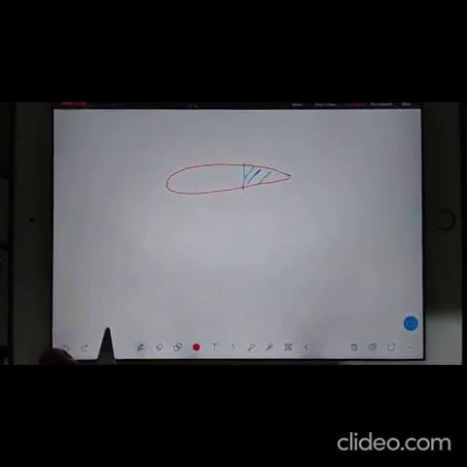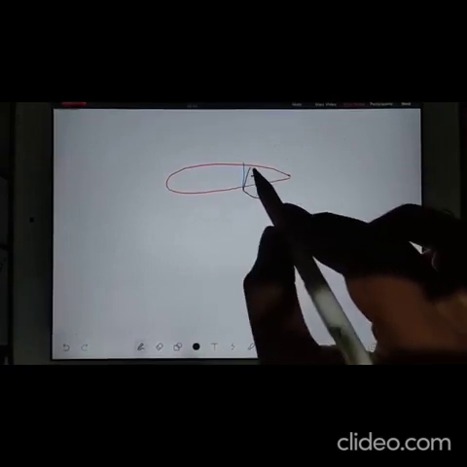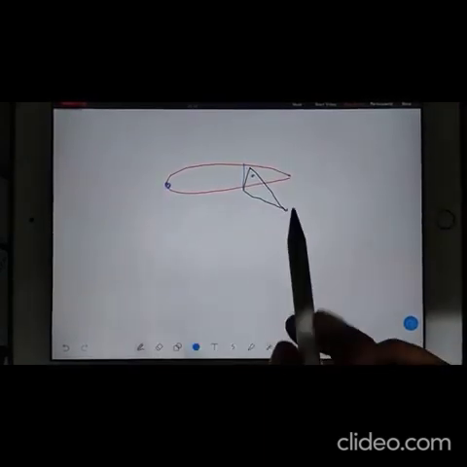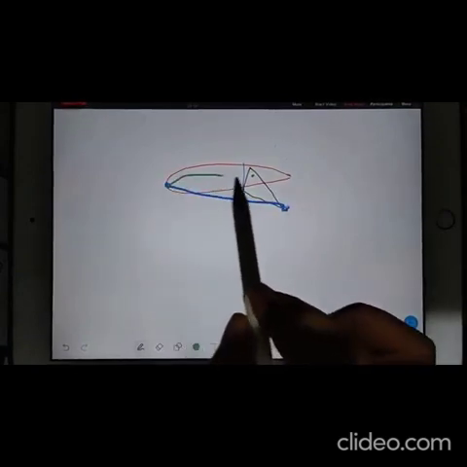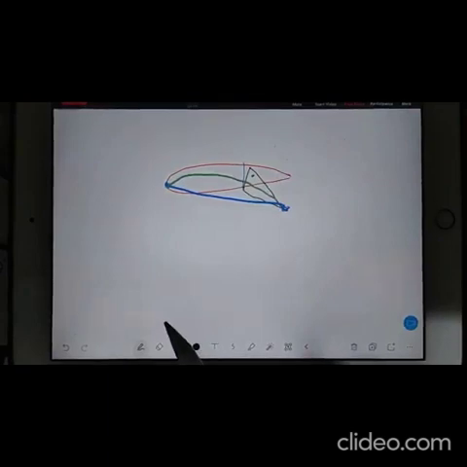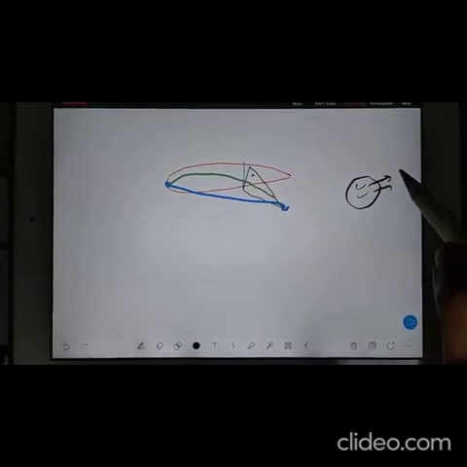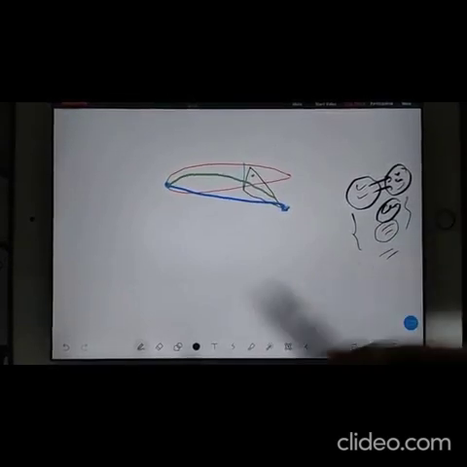But let's deflect the flap. With respect to this point, I am deflecting the flap. Then your chord line became like this and your camber line became like this. In aerodynamics, you will understand that because of the camber line we get circulation, and because of that we have all the lift procedures.